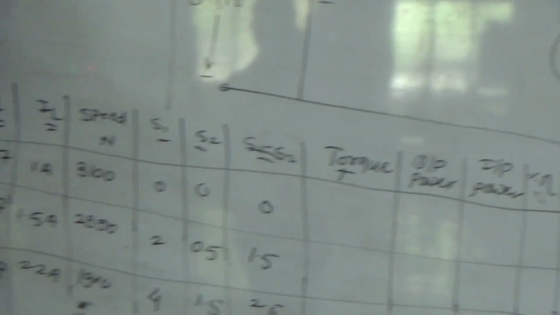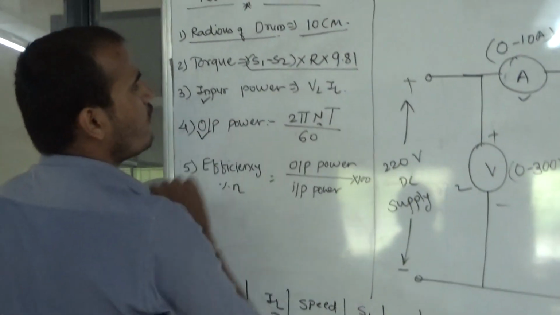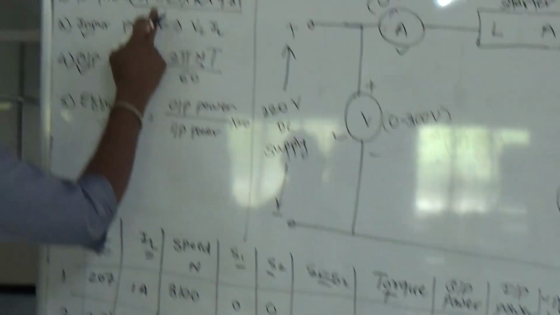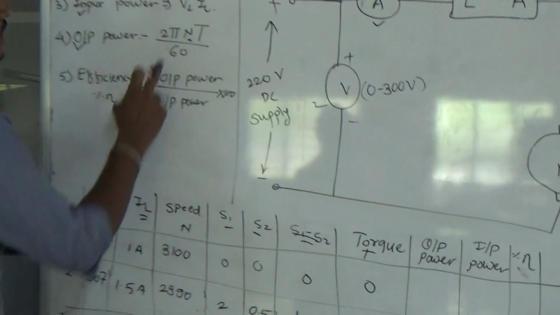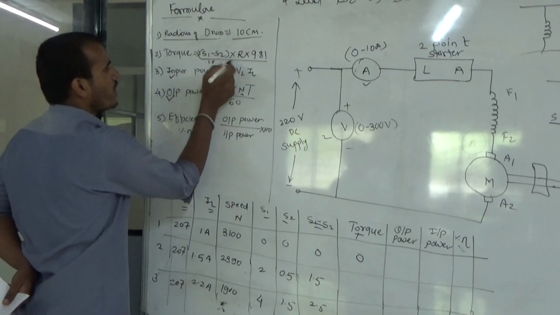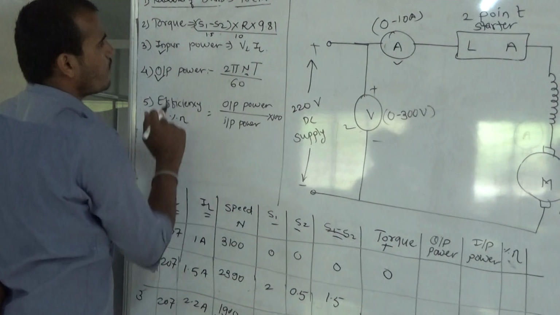Torque, how can I calculate? The torque can be calculated with the formula. So S1, S2, we know the values of S1, S2. Here it will be 0. Second, that is 1.5, so I will take 1.5 into R, that is 10, into 9.81.